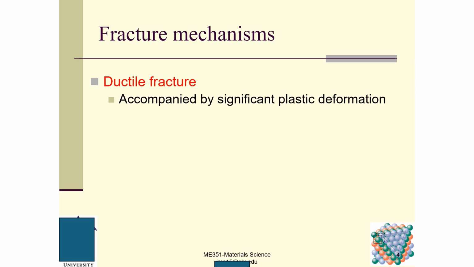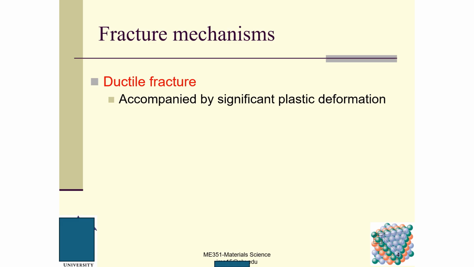Then we talk about mechanisms. First, we talk about fracture mechanisms and ductile fracture. What is a ductile fracture? As the name suggests, it includes significant plastic deformation. Plastic deformation means that if you apply too much load, the specimen will not break immediately.